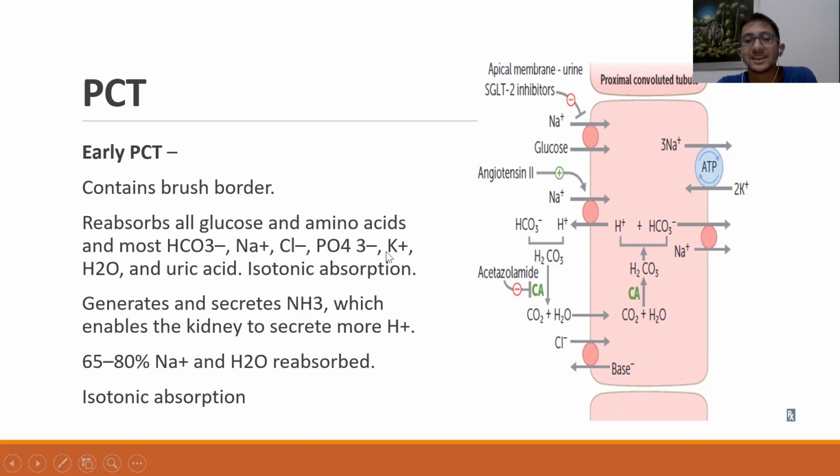And let's go over all the ion exchanger pumps. So you have your sodium and glucose co-transporter, and it reabsorbs sodium and glucose into the cell so that it can eventually reach the blood.